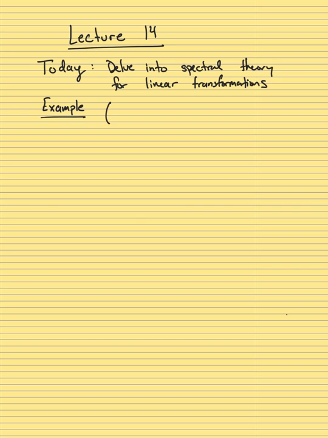when we first defined matrices of linear transformations. So we had the matrix 2, 1, 1, 1 going from R2 to R2. Okay, so this is with respect to the standard basis.